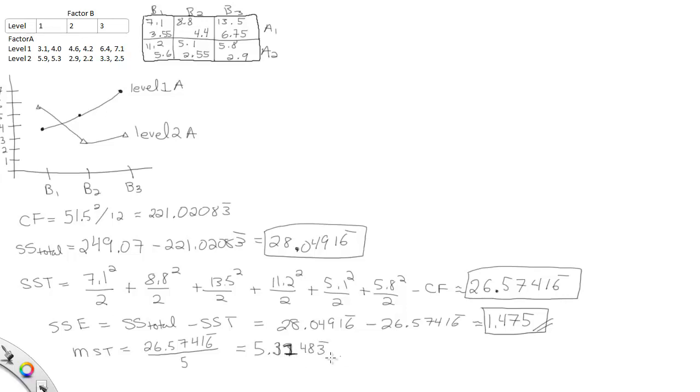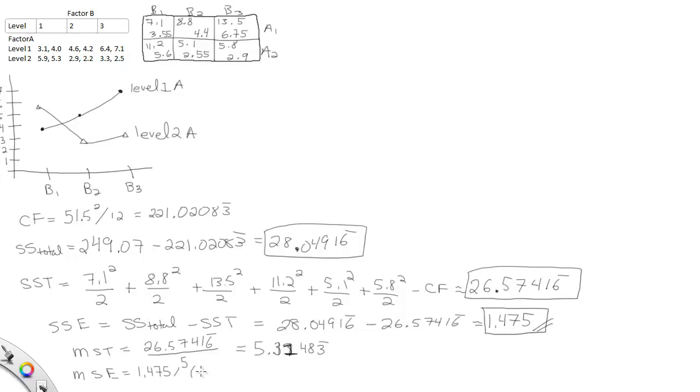And then from there, we can get our last needed value here, which is MSE. So MSE in this case is going to be our SSE, which is just 1.475. And then we're going to divide by the degrees of freedom for the error term here. So what you want to remember here is that the degrees of freedom for the error term can be calculated in a similar way to the sum of squares.